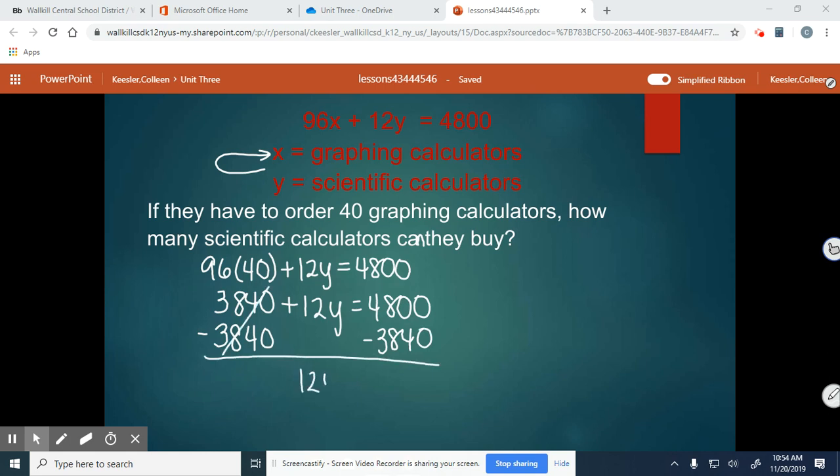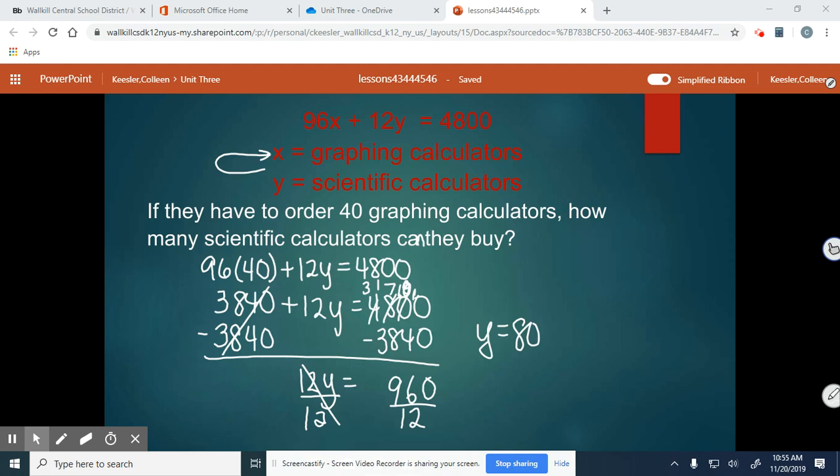and we get 12y equals 960. Then we divide by 12. So y equals, I know 12 goes into 96 8 times, so this is going to be 80.